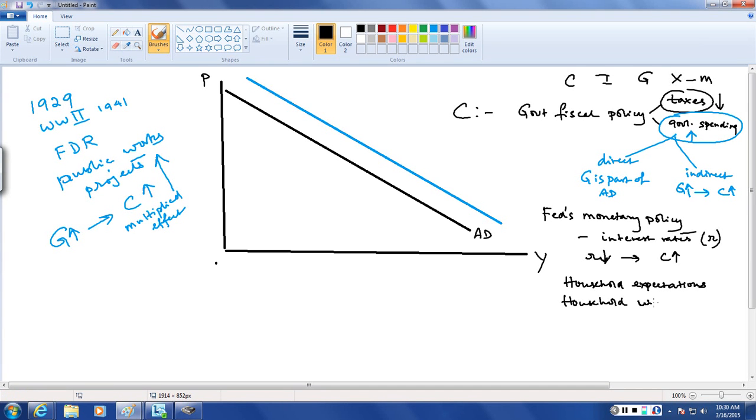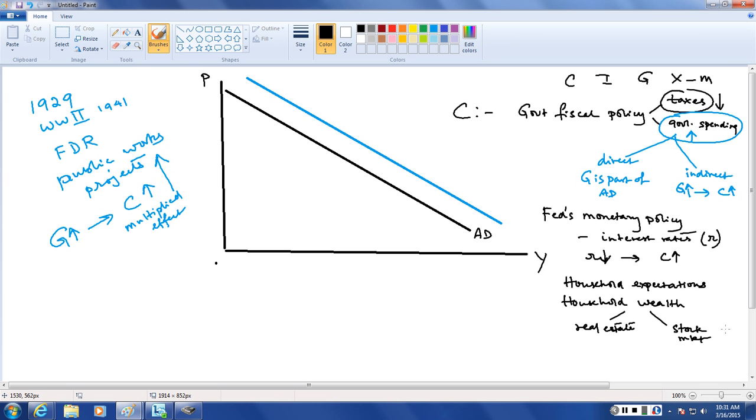Household wealth has something to do with consumption spending also. And household wealth could be real estate, which is the commonest form of wealth holding in the States, or let's say the stock market. If there is a boom in the real estate market or a boom in the stock market, this is likely to increase household wealth in the States.